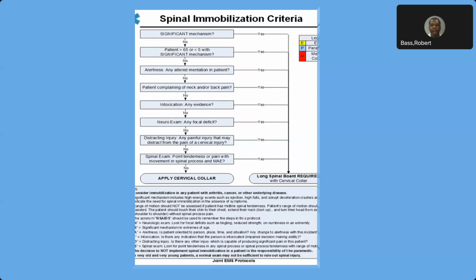But as far as spinal immobilizing, because of the altered mental status, yes, he meets the criteria, but this isn't a patient that necessarily needs to be spinal immobilized.